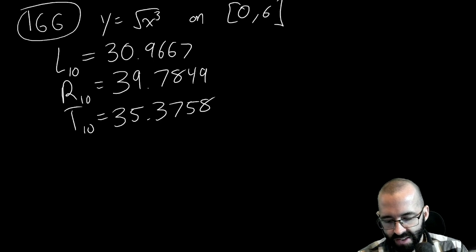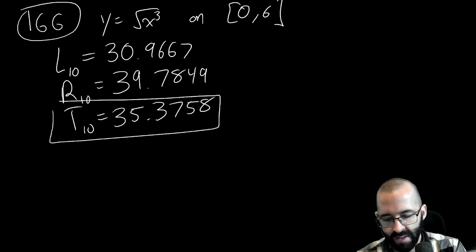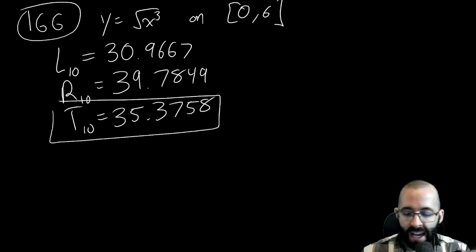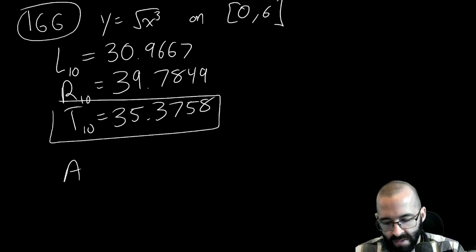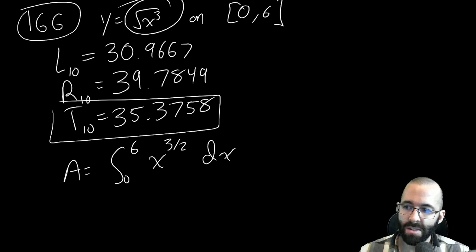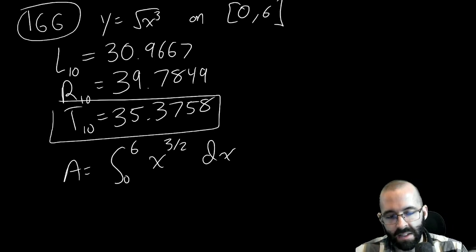All right, so it wanted us to find this T sub 10, and then it wanted us to compare this to the actual. So we know the actual area is an integral from 0 to 6 of x to the 3 halves dx. Remember, we can rewrite this with rational exponents to make it easier to use the power rule.